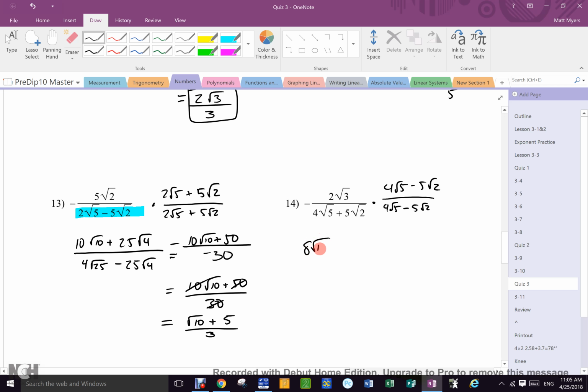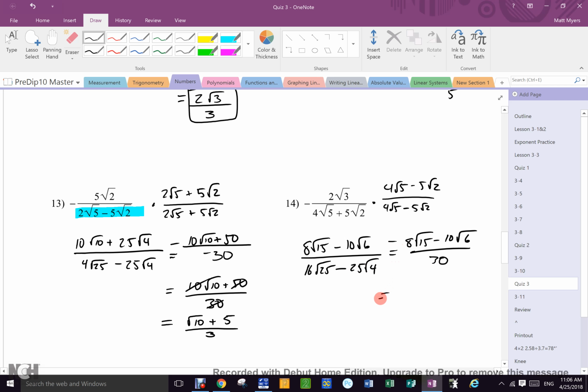That's 8 root 15 minus 10 root 6 over 16 root 25 minus 25 root 4, which is 8 root 15 minus 10 root 6 over 16 times 4 is 64, or 16 times 5 is 80. 25 times 2 is 50, so that's going to be over 30.